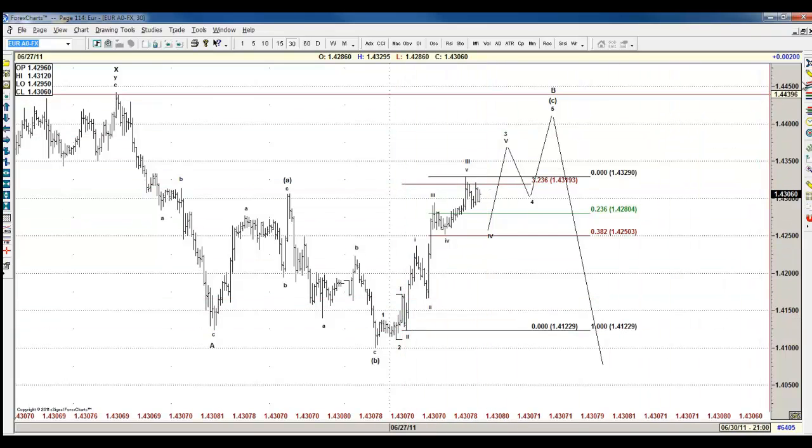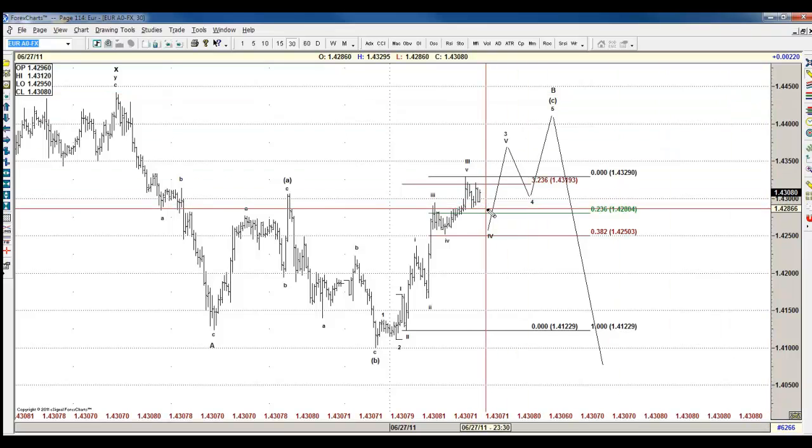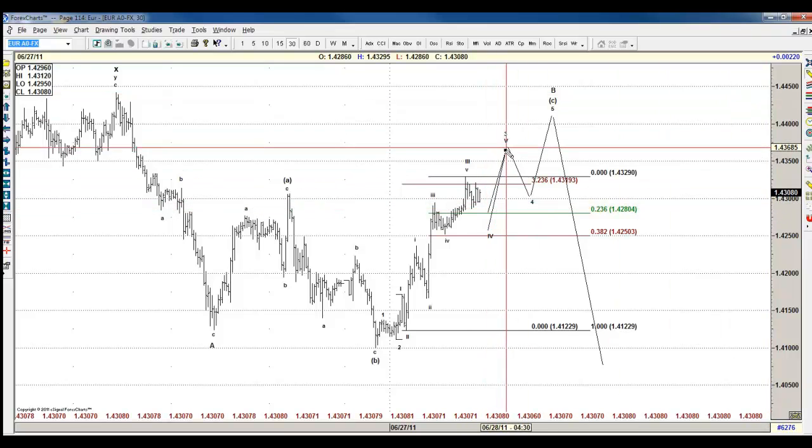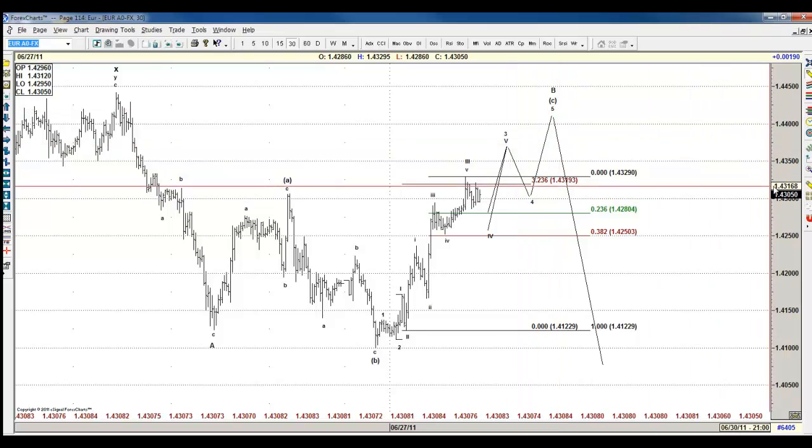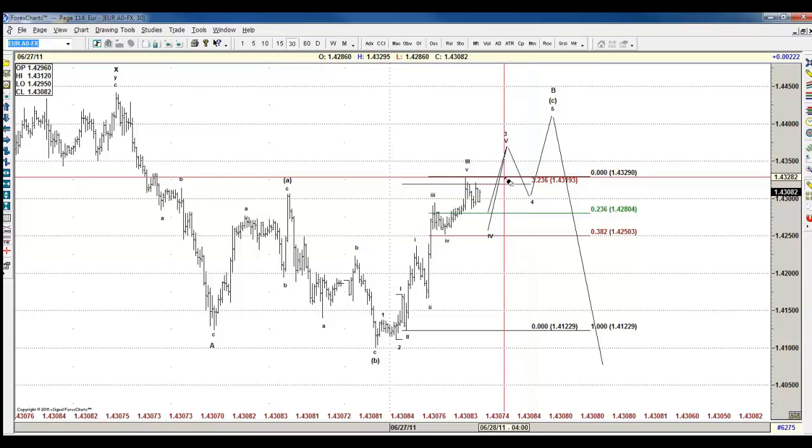Now we should get a wave 4 and a 5. That's the scenario that is going to take it higher.